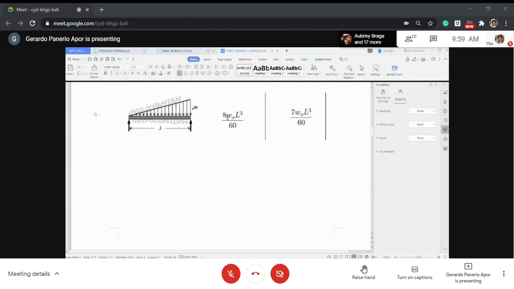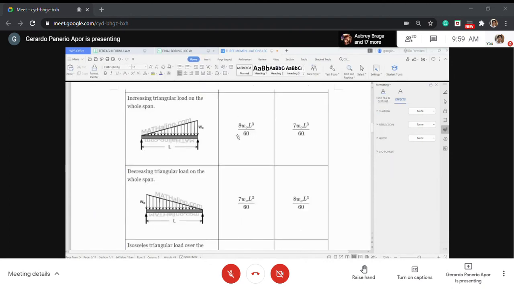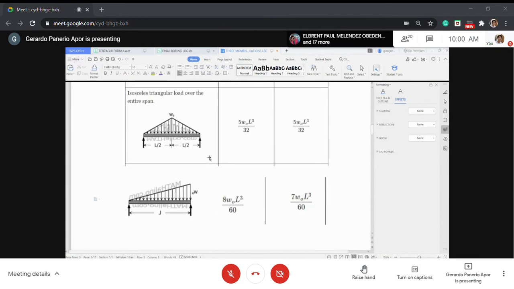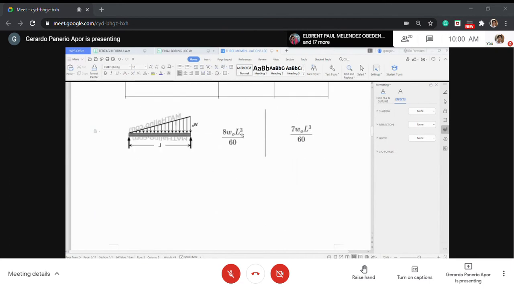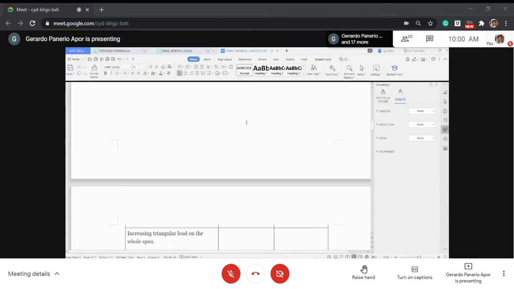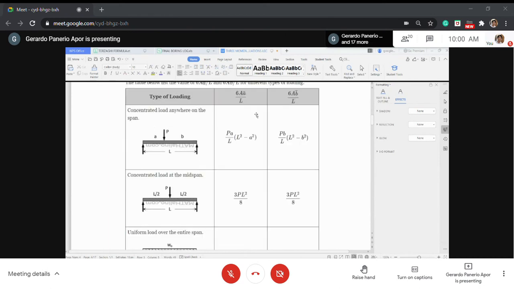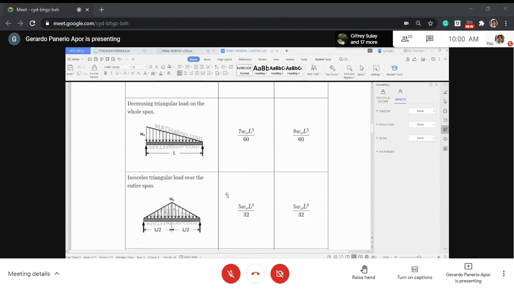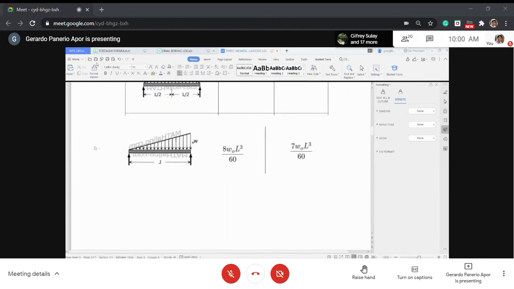So instead of this one coming first, just like this, I flipped the figure. So this will be the value of your 6A bar. So 6A bar, we rather use this equation.